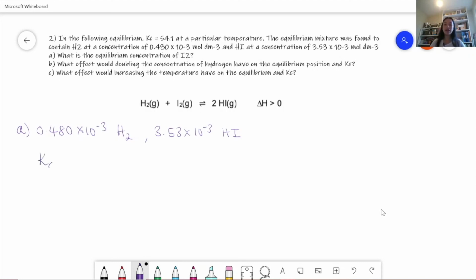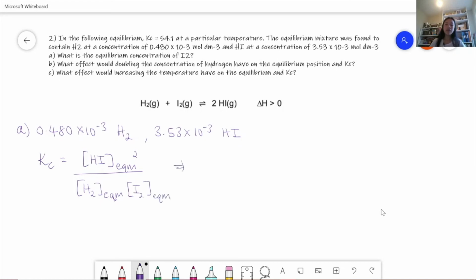So we have that Kc equals the concentration of HI at equilibrium squared divided by the concentration of hydrogen at equilibrium times the concentration of iodine at equilibrium.